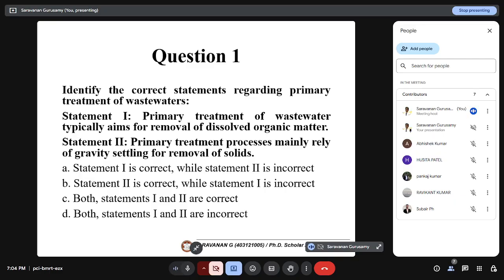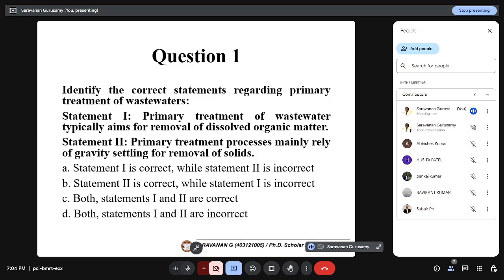Identify the correct statement regarding the primary treatment of wastewater. First statement: primary treatment of wastewater aims to remove the dissolved organic matter. Is it correct? Then second statement: primary treatment processes mainly rely on gravity settling for removal of solids.